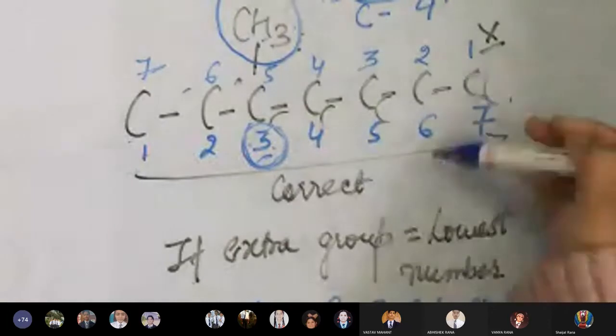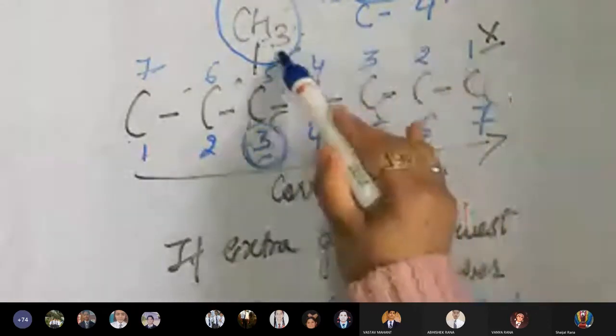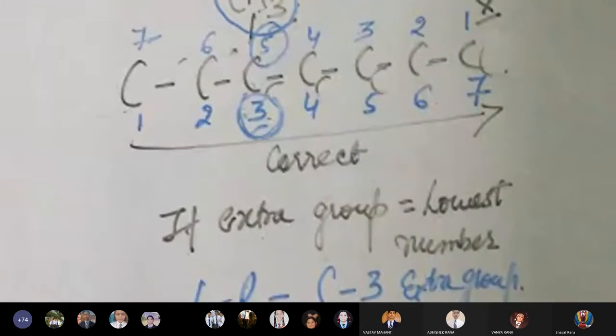If I do the opposite, 1, 2, 3, 4, and 5, right to left, then carbon number 5 has the extra group. According to the rule, if any carbon contains an extra group, it should get the lowest number of the two. Out of 5 and 3, 3 is the lowest number. So the left to right representation is correct and right to left is wrong.